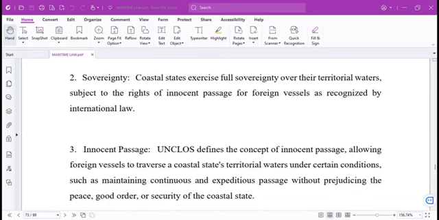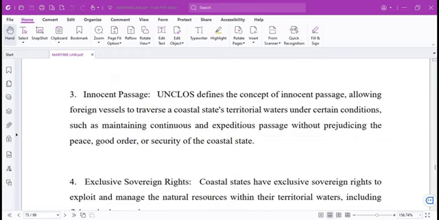This is simple and straightforward. If you wish to pass through with ease a definite route outside your jurisdiction, you should be of good character, be in good order, and maintain stability and security of the coastal state.